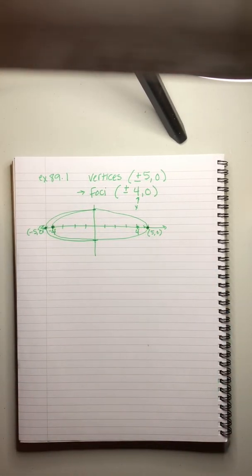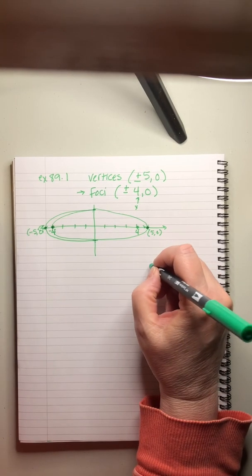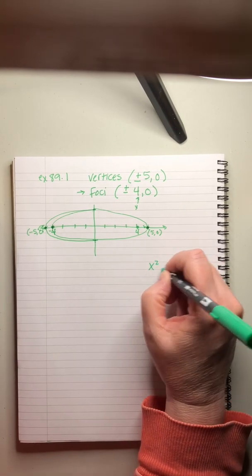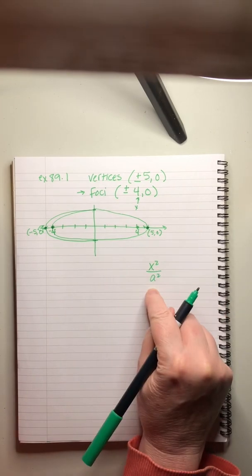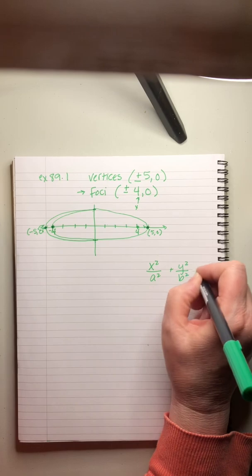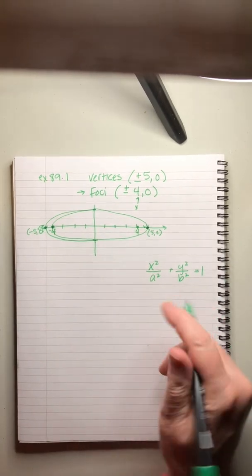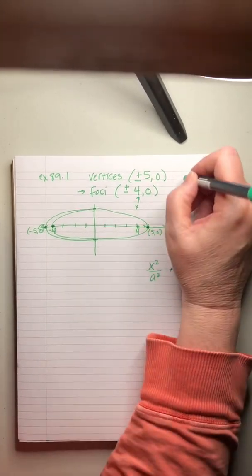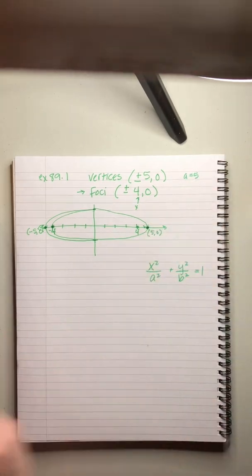Okay, we're supposed to write the equation. Let's look at what that's going to look like. We're going to have A associated with the x-axis. We know that A is equal to 5. We already figured that out, right? But we don't know what B is.